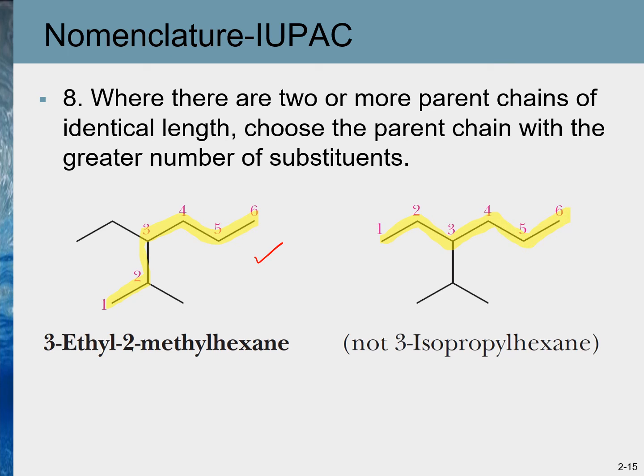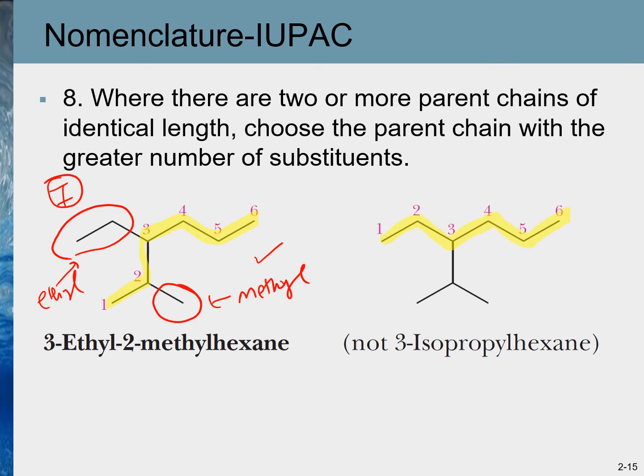carbon long. So according to this rule, if there are 2 or more parent chains of identical length, then we must choose the chain which contains more number of substituent. So in choice number 1, we have 1 and 2 substituents. So this is methyl and this one is ethyl.